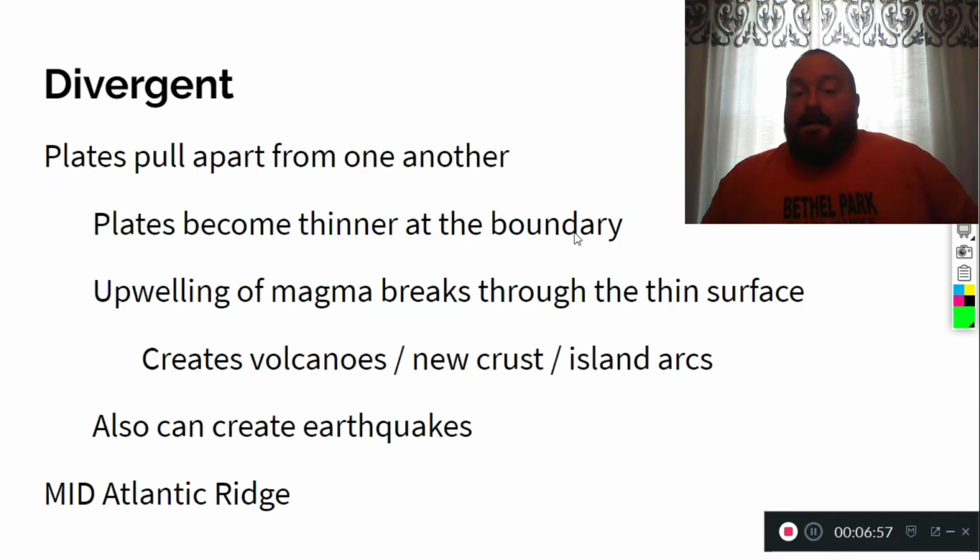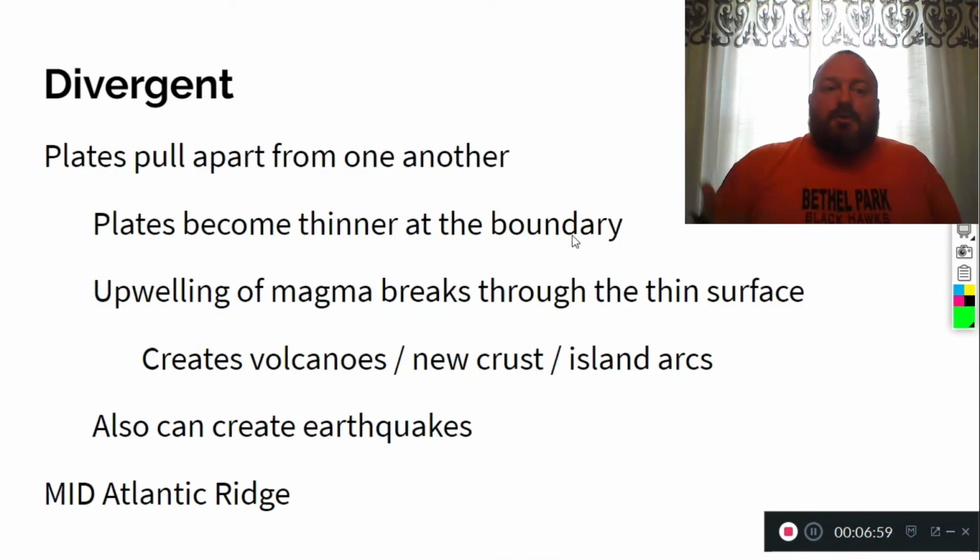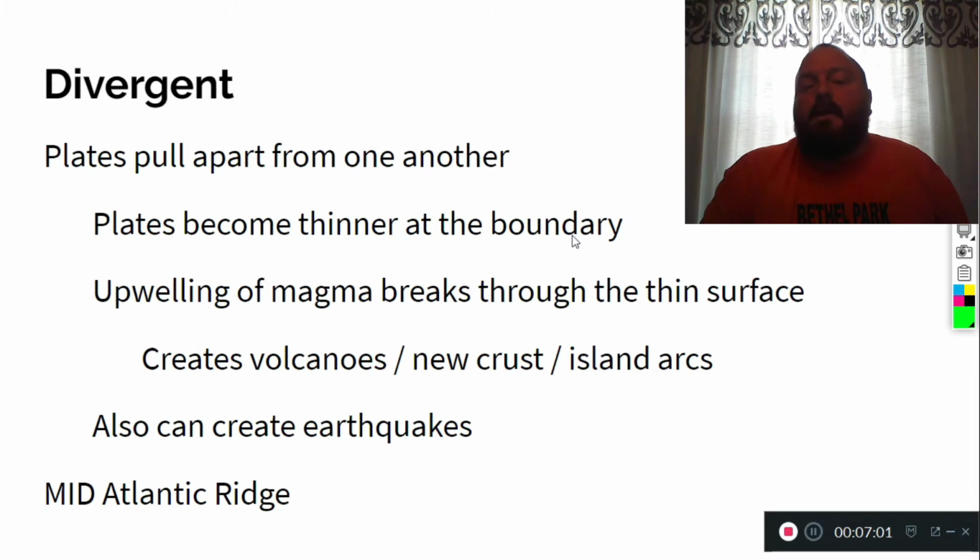When we look at it in text form, because again, they're going to ask you to describe and explain, they're very unlikely to ask you identify questions. I did get that clarification from College Board. It's going to be mainly explain or describe this process type of questions that you're going to see. So if it would ask you to describe what's happening at the divergent boundary and explain what that means in terms of geology, you'd have to say first that plates are pulling apart from one another.